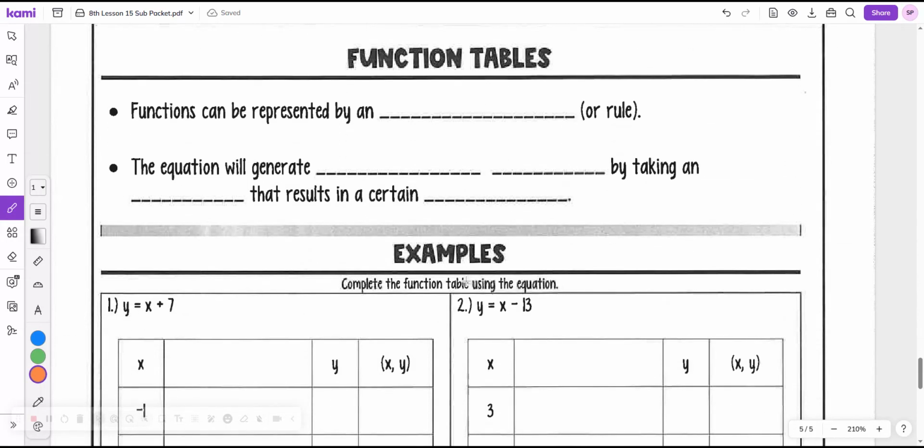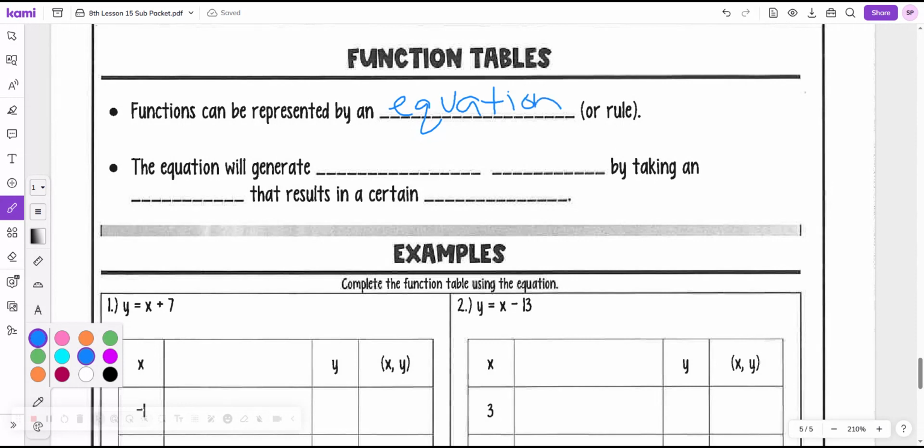All right, and finally, we're going to do our function tables, just because I think that's what we're weak in. So function tables are going to help you figure out graphs and the equation and all that, so they're important. So functions are represented by an equation.